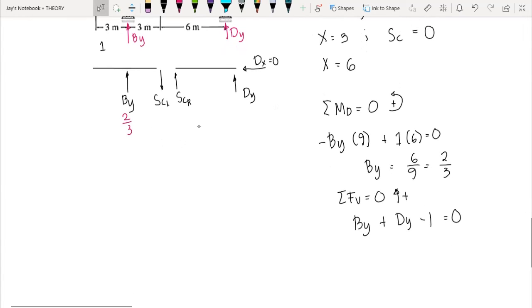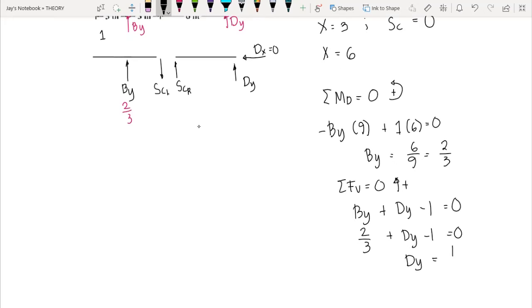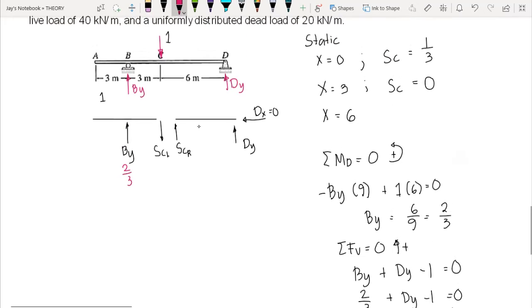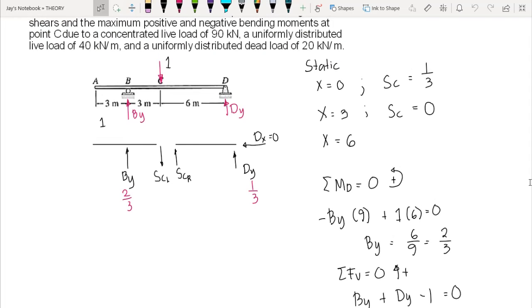Since our by here is 2/3 and dy is unknown, this gives us the value of dy, which is equal to 1/3. Now take note, at x equal to 6, we will have 2 ordinates at that point. That is the shear on the left and the ordinate on the right side of C.